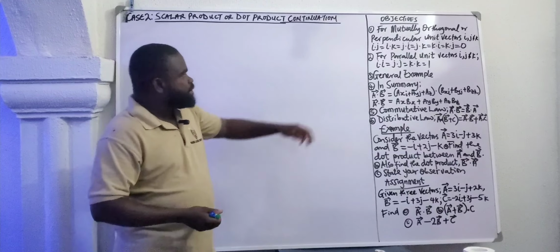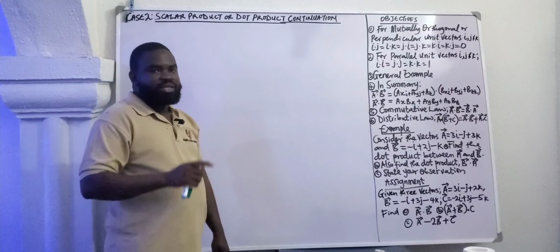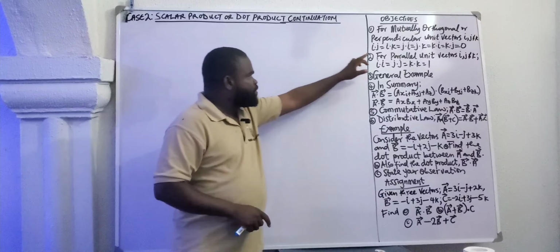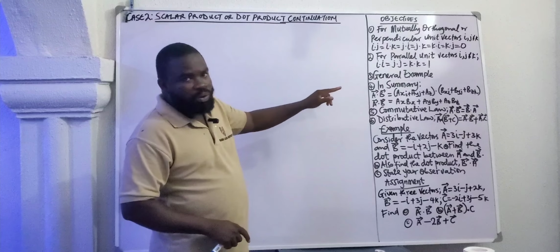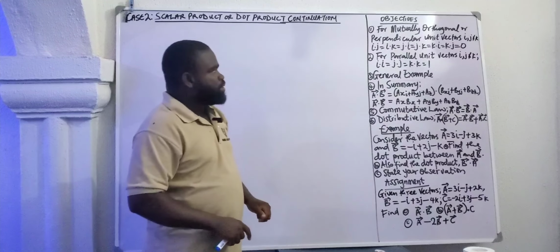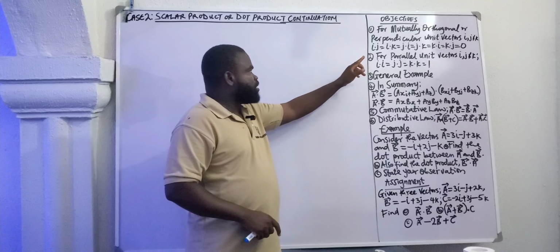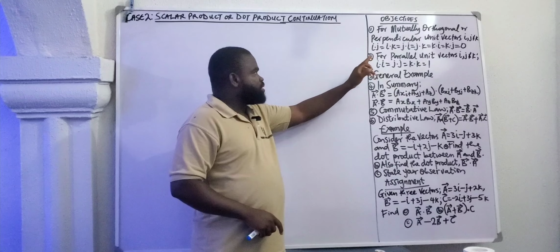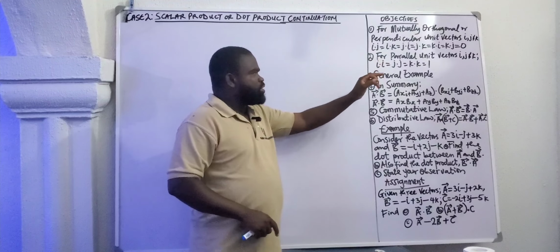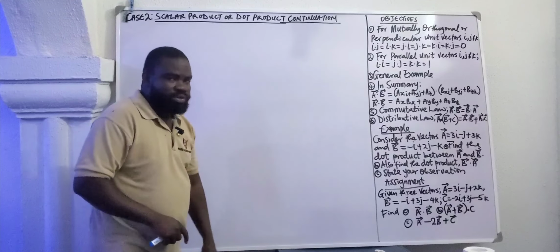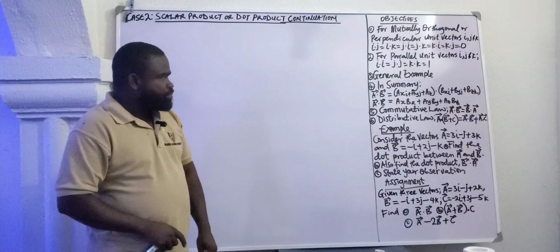And we also applied it to the unit vectors I, J, and K, where we said if the unit vectors are mutually orthogonal or perpendicular to each other, it means I dot J, I dot K, J dot I, J dot K, K dot I, K dot J will be equal to 0 because they are mutually perpendicular unit vectors to each other.